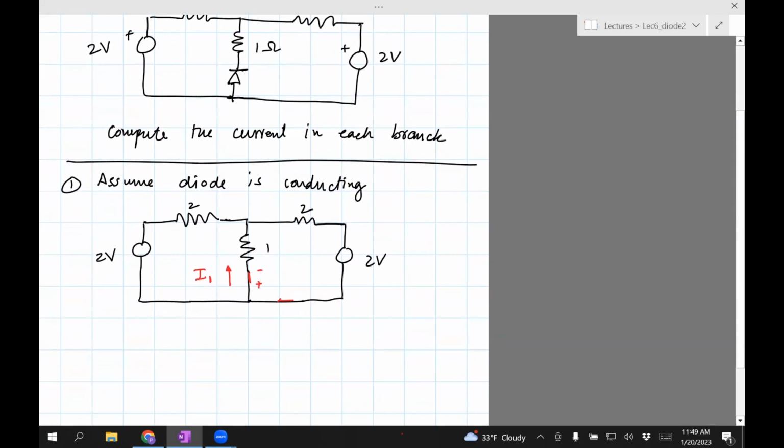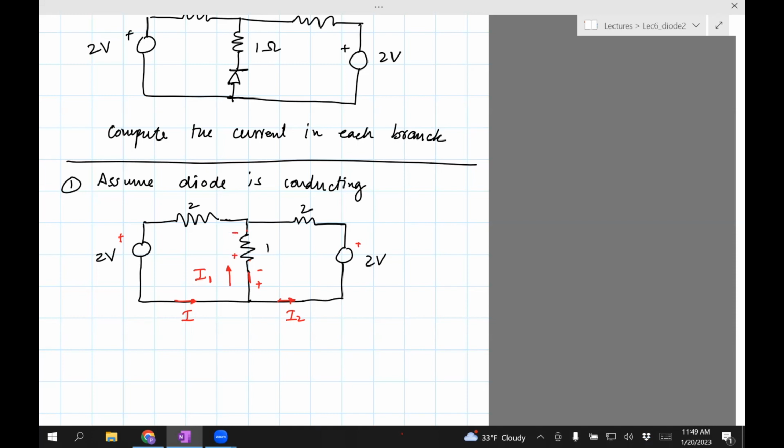The other currents in the circuit are free to assume the way you want. So maybe I could just assume this to be I2. Maybe the current comes like this and splits. You're free to choose the direction of the currents for the other one, but for I1, it needs to be in the direction I've shown. Okay, now let's see what's happening here. So this is positive, and since the current is flowing from here to there, this will be positive potential, negative.